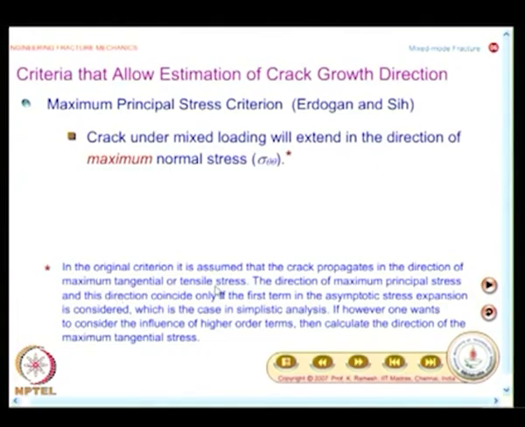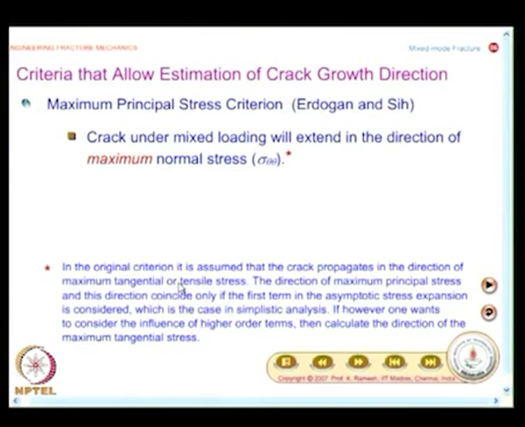We have looked at Westergaard stress field equations, we have also looked at Williams stress field equations. From the Williams approach, we have directly got sigma RR, sigma theta theta and tau R theta, and what this criterion says is, it is also famously known as maximum tangential stress criterion. So, that is called the MTS criterion.